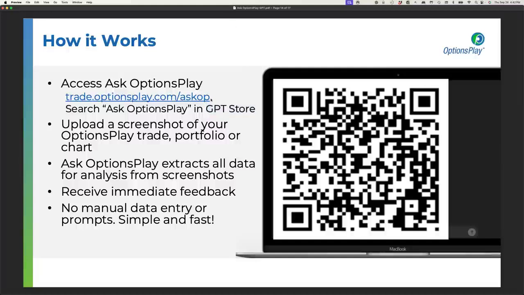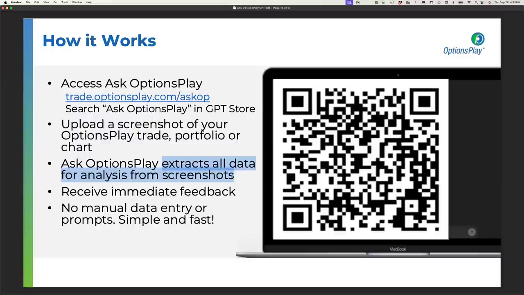You can access it, like I said, either through this link here on your screen, pointing your phone to that QR code, or simply searching for Ask Options Play in the ChatGPT store. How this is going to work is once you go to that link, you're going to be able to upload a screenshot of your Options Play trade, Options Play portfolio, or an Options Play chart. It will extract all the data from the screenshots itself.